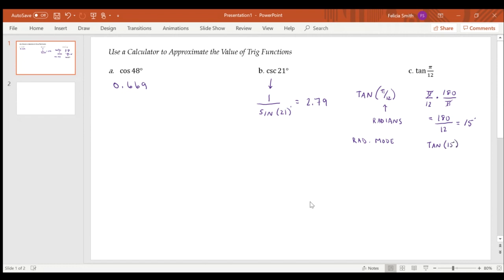Now, since my calculator is already in degree mode, let's do it this way first, and then we'll come back and take a look at what happens when we put our calculator in radian mode. So we're going to do tangent of 15 degrees.